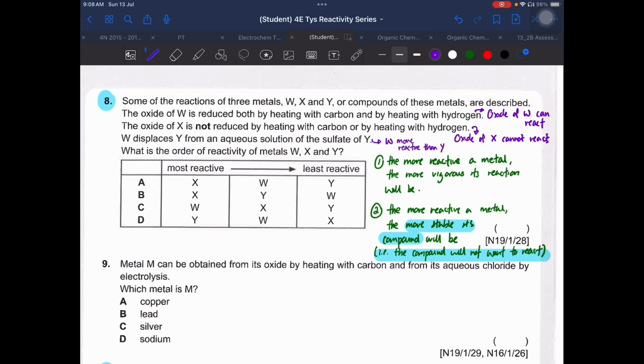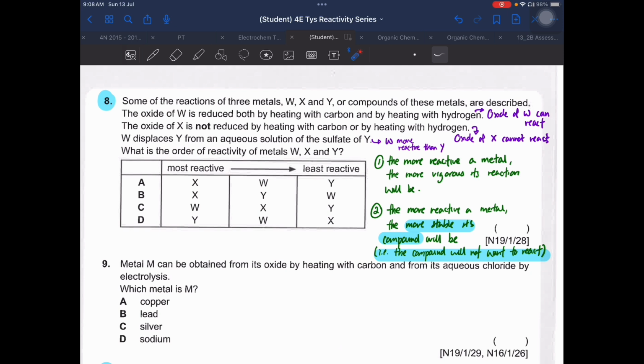So armed with this set of information, let's see how do we go about arranging the chemicals. So we know that W is more reactive than Y, right? So definitely W must be under the more reactive side, whereas Y must be at the less reactive side. But the question is that how do we know about between W and X?